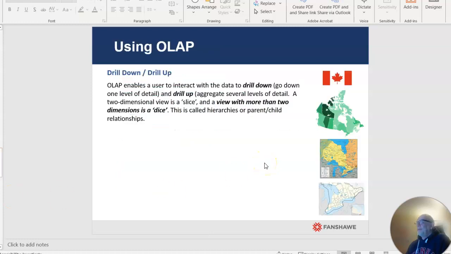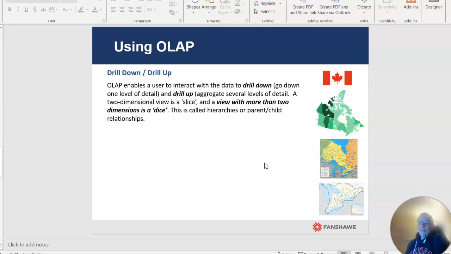So OLAP also allows us to start at a high level and drill down to item level data, or drill up, aggregate, go the other way, take item level information and then sum up different items and aggregate them. And so when we're looking at data in two or more dimensions, it's called a dice.